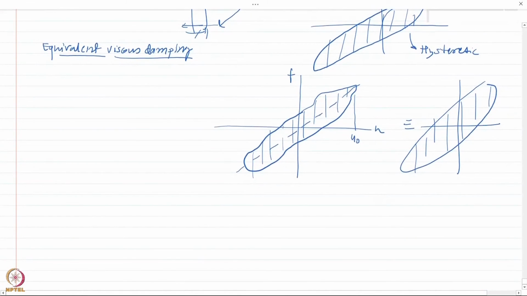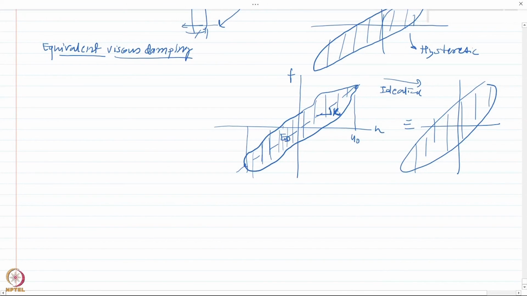Okay, so this is what we got from experiments and we want to idealize this to this. Once we have this from experiment, we can find K using these points, here and here, the extreme points, and we can find how much energy is dissipated in one loop.